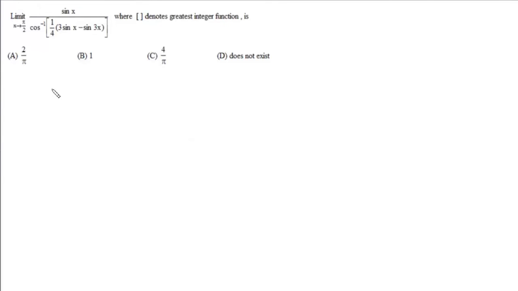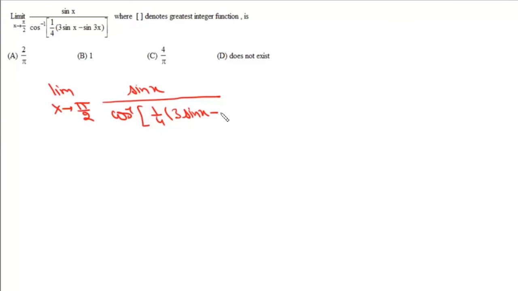Now here the question is, we need to find this limit: x tends to pi by 2, sin x upon cos inverse of the greatest integer function of 1 by 4 into (3 sin x minus sin 3x), where this box represents the greatest integer function.